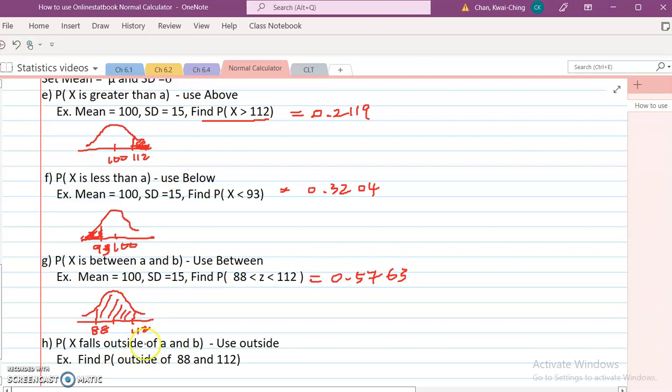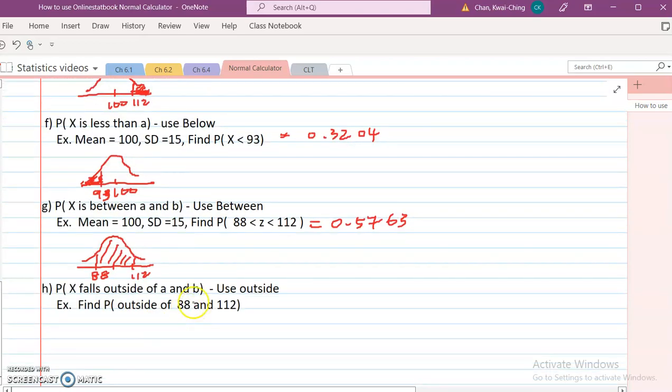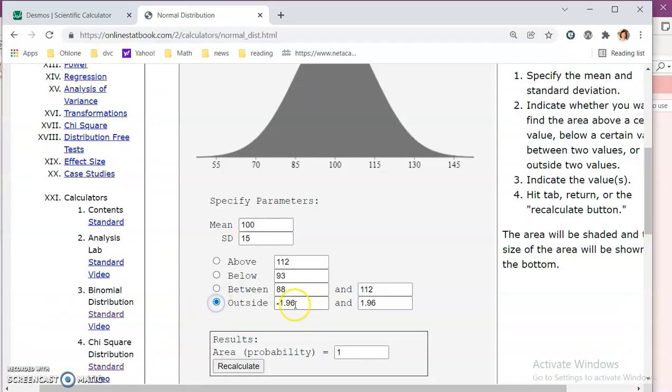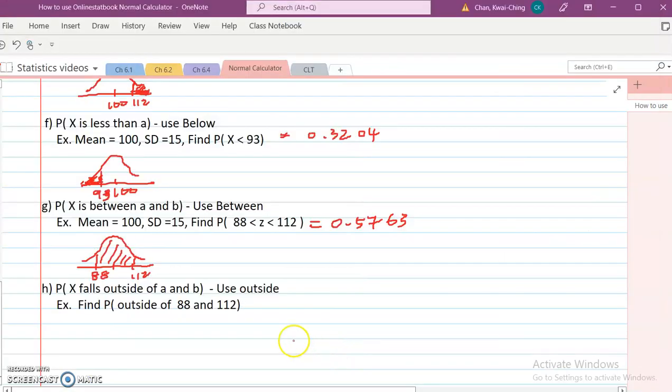And then the last is outside. Outside 88 and 112, so you change the option to outside with 88 and 112, and then recalculate. See how this is less than 88 or greater than 112: 0.4237. So use outside.